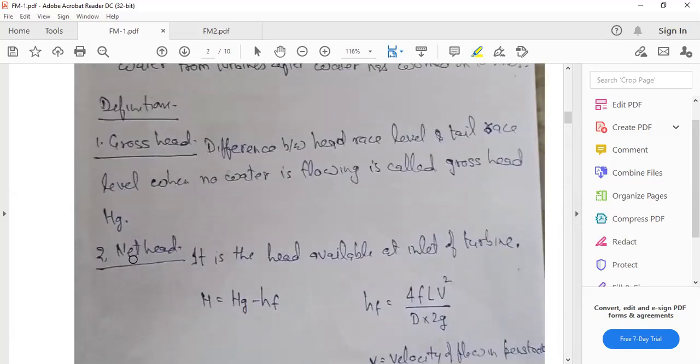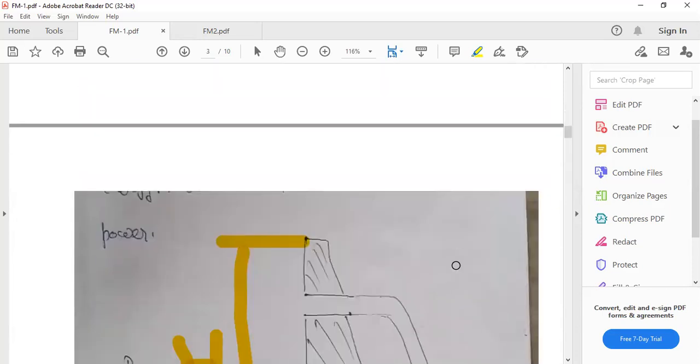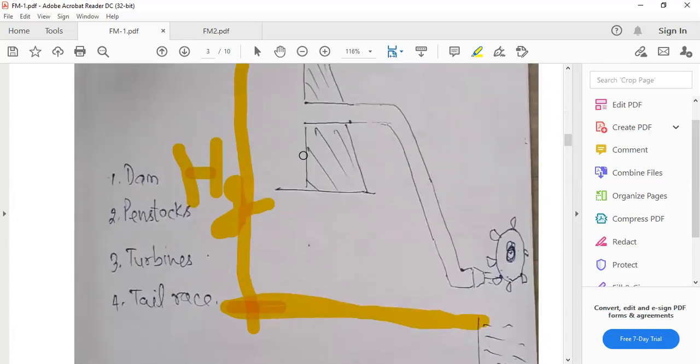Then we have net head. It is the head available at the inlet of the turbine. Now you can see that this total head cannot reach at this end of the penstock or at the inlet of the turbine. Why? Because water is being brought from dam to the turbine through a penstock. Now, in these penstocks, some energy or some head is lost due to friction.